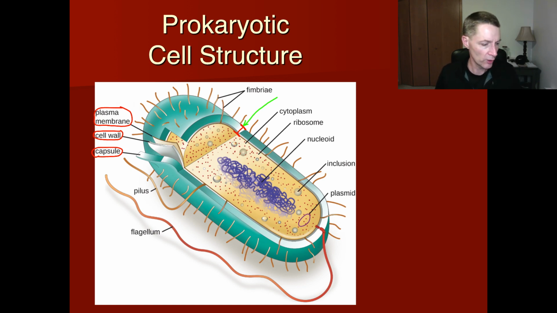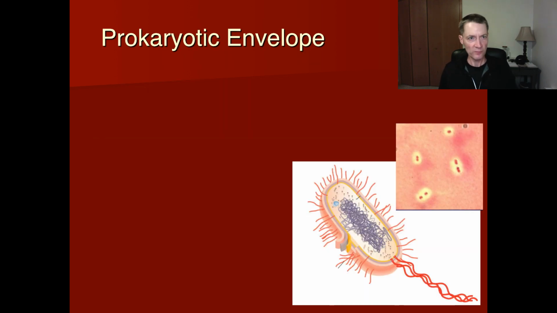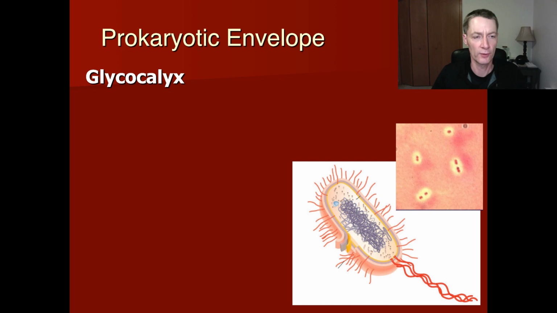And what I'd like to do is to start with the very outside, which can exist as a capsule, but that's not the only type of extracellular matrix, they call it, that we could find. Okay, so we're going into this prokaryotic envelope from the outside in, and what we talk about is the glycocalyx. Okay, so a more general term for this outside section is a glycocalyx.